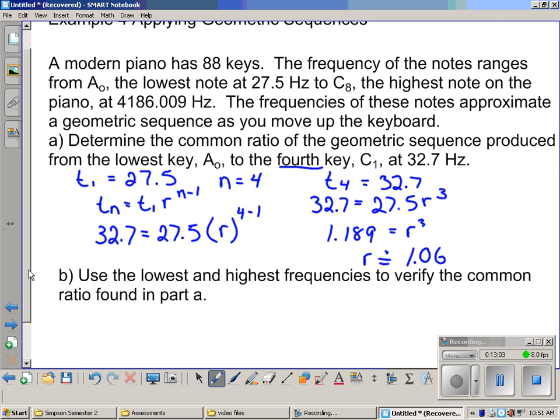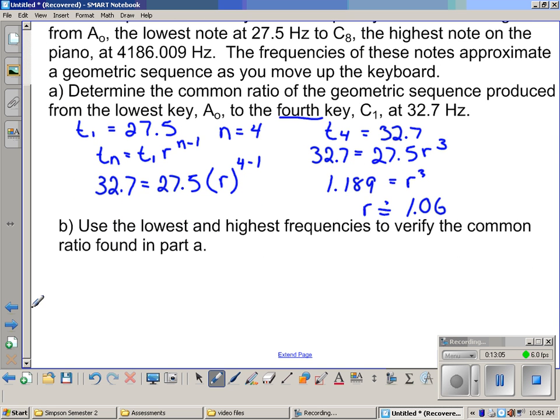Part B says use the lowest and highest frequencies to verify the common ratio found in Part A. So the lowest frequency, T1, is still 27.5. The highest frequency, there's 88 keys, so it will be T88, is equal to 4,186.009. I can verify that common ratio in a couple of ways.